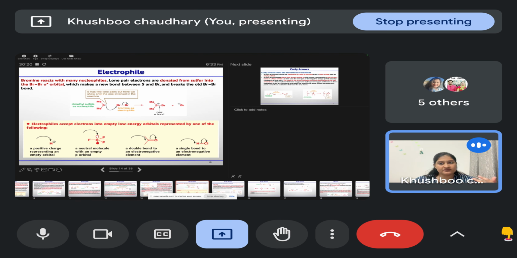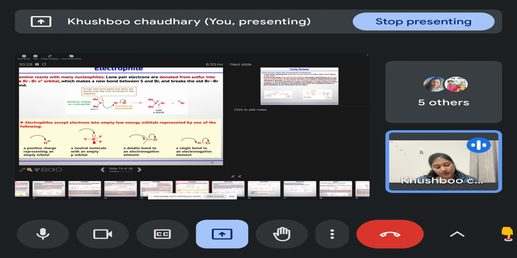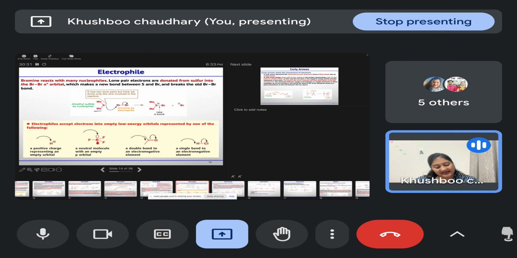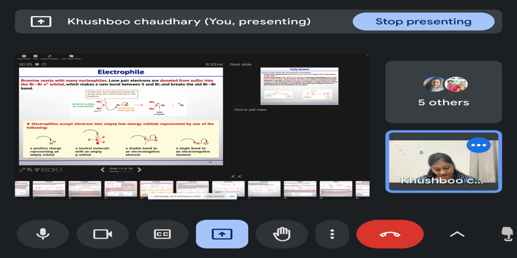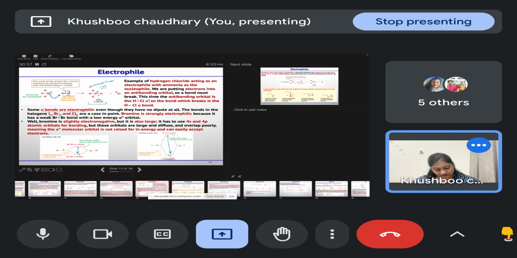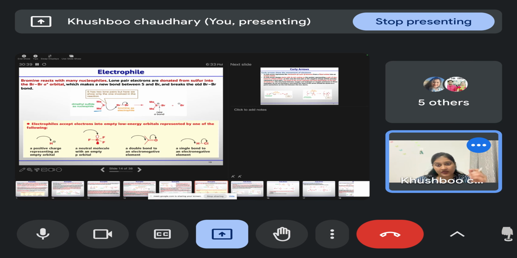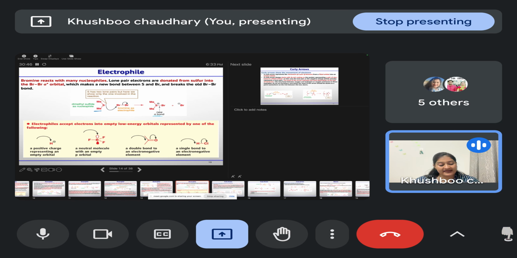So bromine can react with many nucleophiles, for example dimethyl sulfide. Now in the case of dimethyl sulfide, sulfur having a lone pair of electrons will attack one of the bromine atoms, and then the bromine bromine bond will cleave. So it leads to the formation of a new sigma bond between sulfur and bromine, and bromide ion is released.